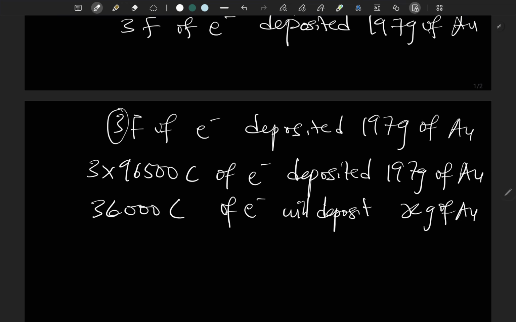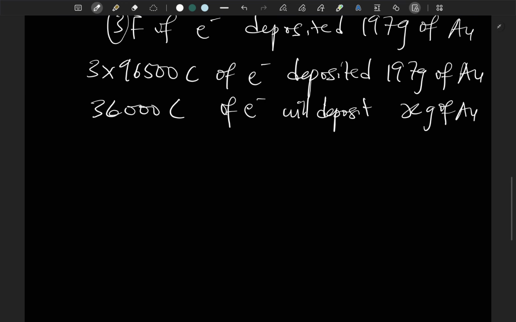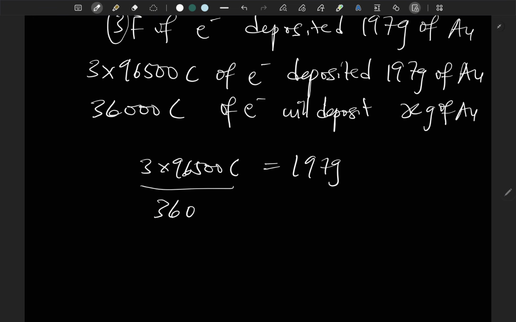Now we have to cross multiply. We can set up an algebraic equation and say that 3 times 96,500 coulombs is to 197 grams as 36,000 coulombs is to X. We just set up an algebraic equation, then cross multiply.